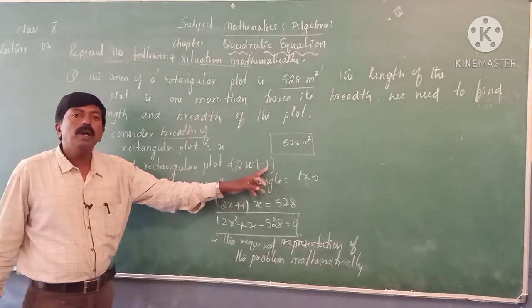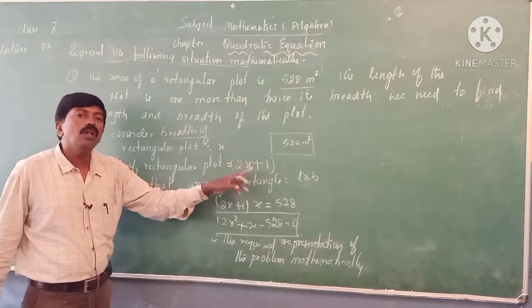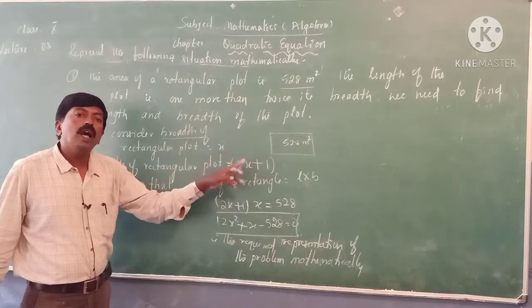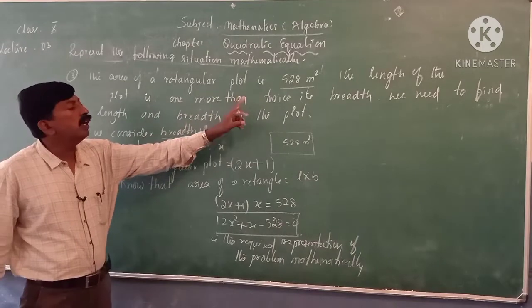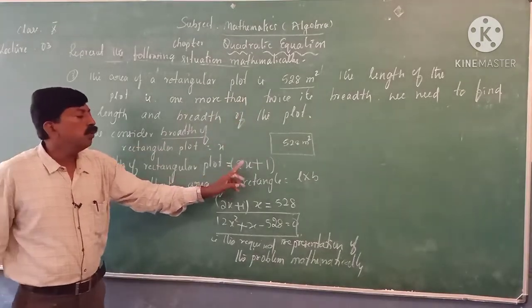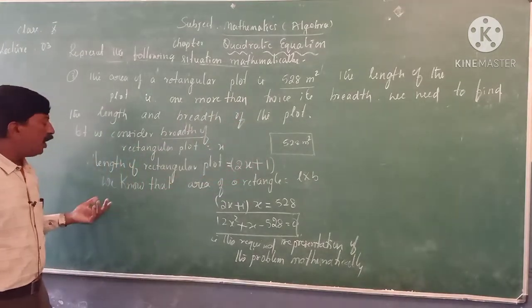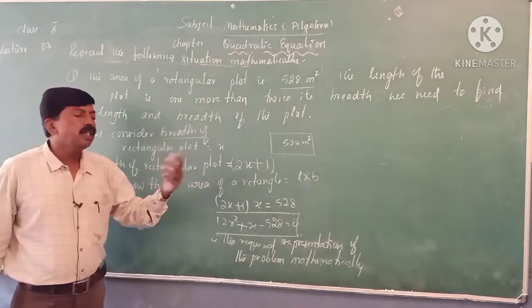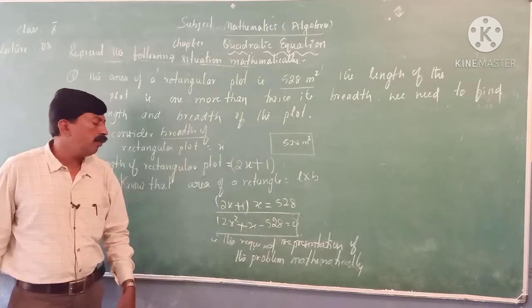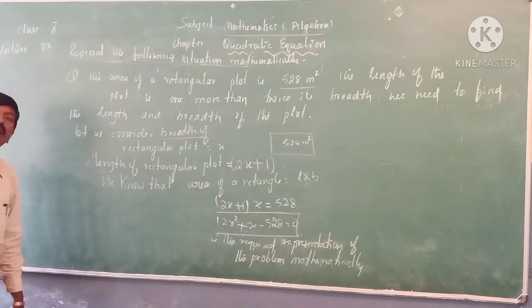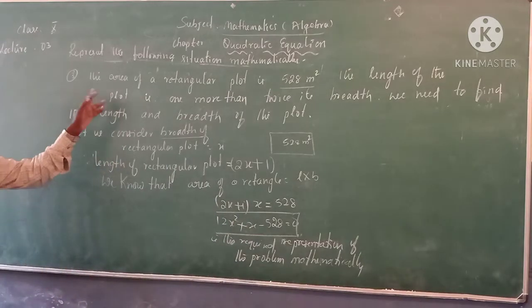One more than twice its breadth means 2x plus 1. After that, we already know area of a rectangle is length into breadth. So it is 2x plus 1 into x. You can simplify, and you will get the mathematical statement. That itself is the representation for this problem.